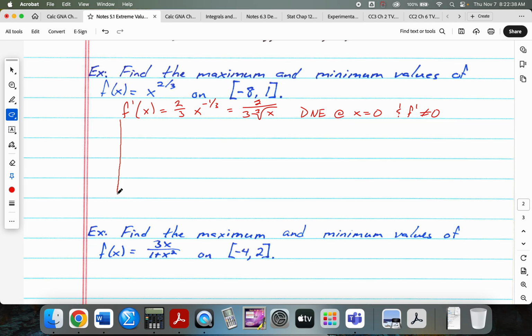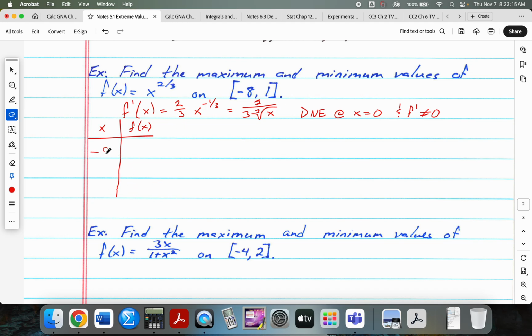So you're literally going to make an old-fashioned Algebra 1 T-chart with x and f of x. We're testing to see where the function is the greatest. The number of times I've had a student accidentally put f prime in here and they find that f prime doesn't exist at x equals 0, and I'm like, yeah, we already know that. We're testing to see where the greatest value of f is and where the least value of f is.